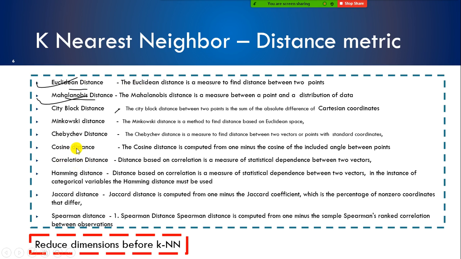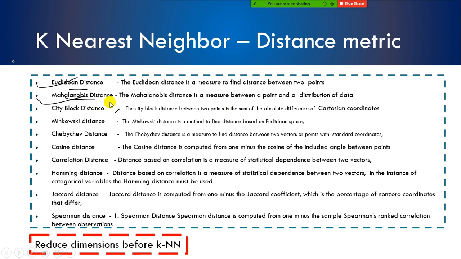cosine distance we use in some cases. I'll tell you when I cover the NLP part why we are using the cosine distance metric there. And in some cases Mahalanobis.